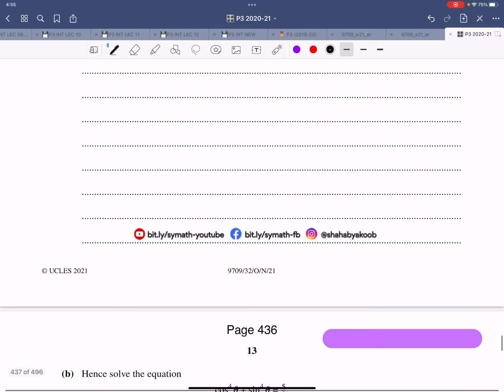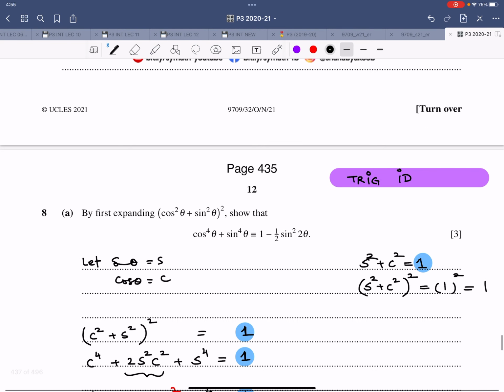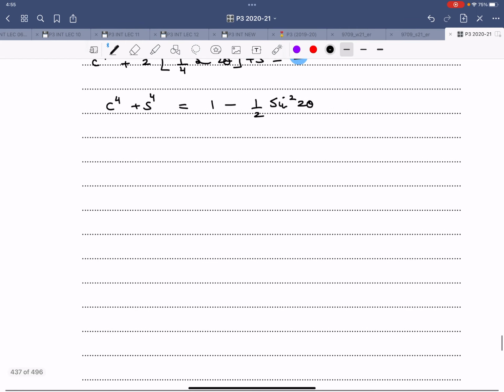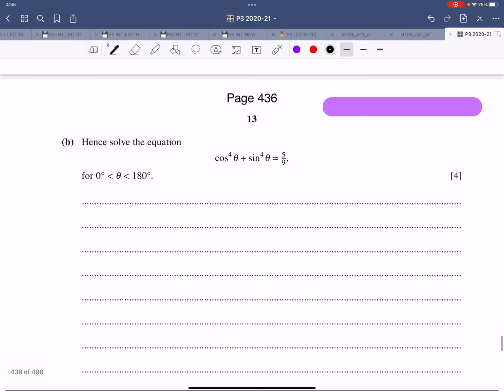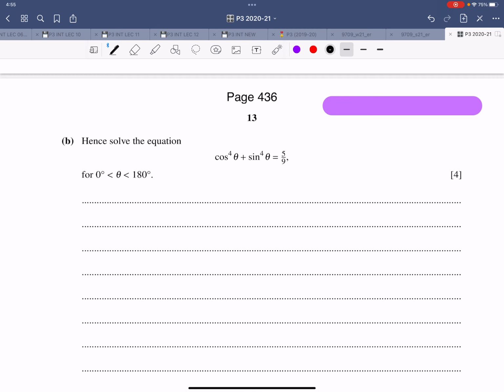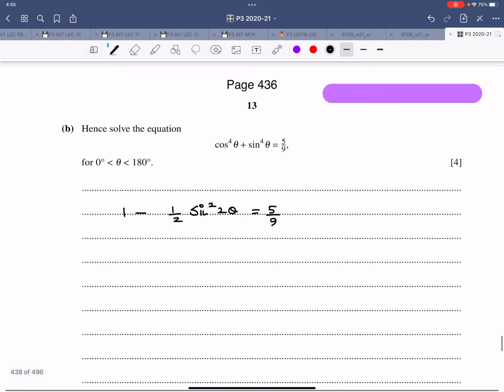So this is a trig identity and equation. The previous question was trig identity and integration. Hence solve the equation. This thing equals 5 over 9. But this thing equals 1 minus half sine square 2 theta equals 5 over 9. Therefore negative half sine square 2 theta, 5 over 9 minus 1, that is negative 4 over 9.